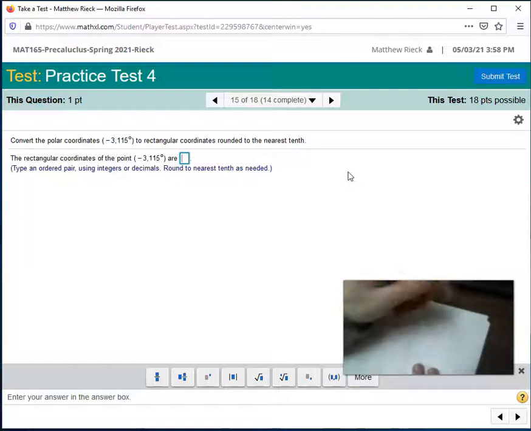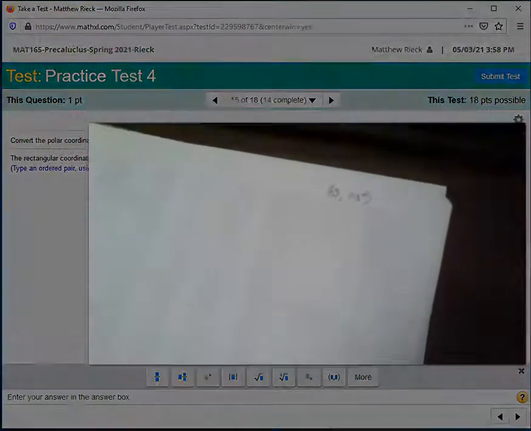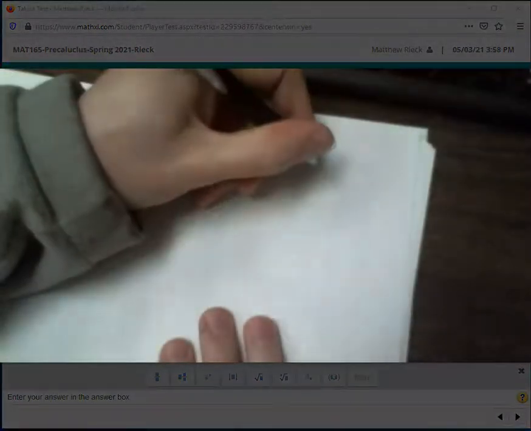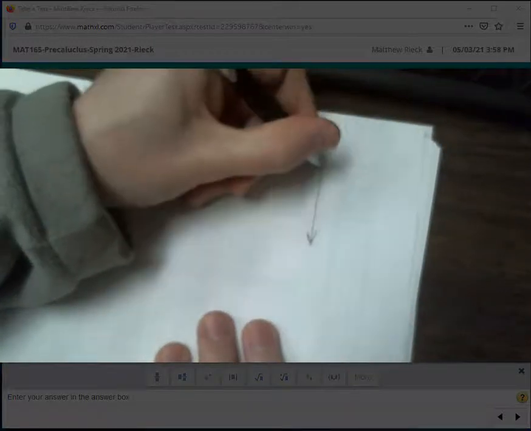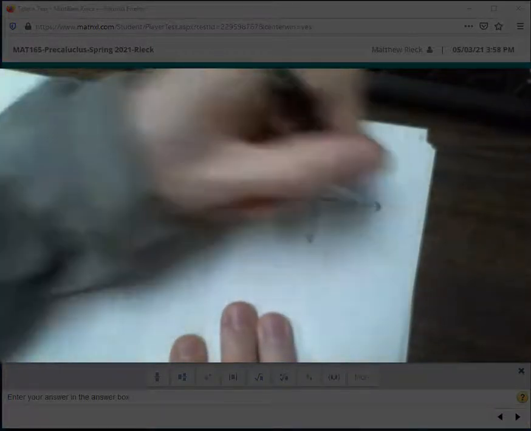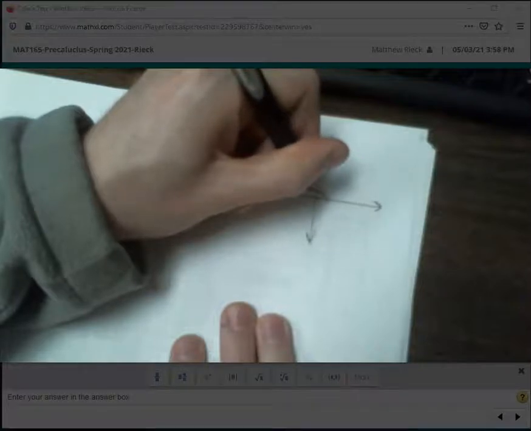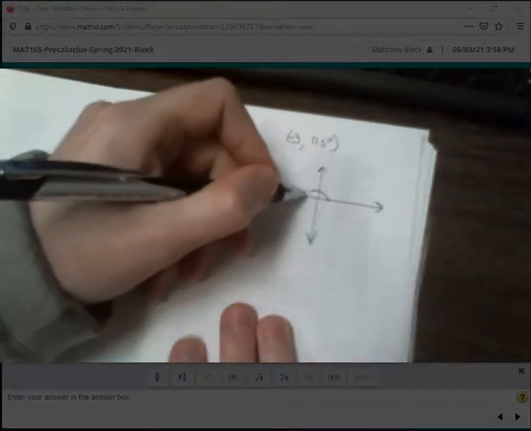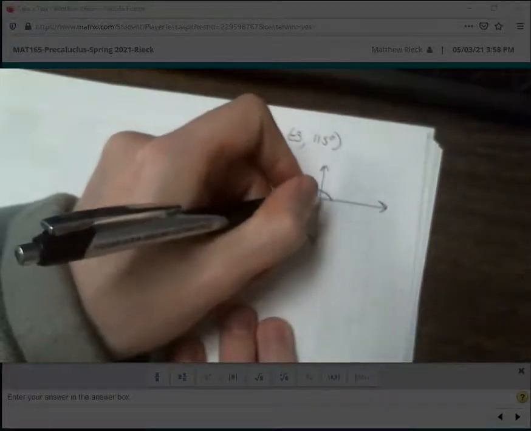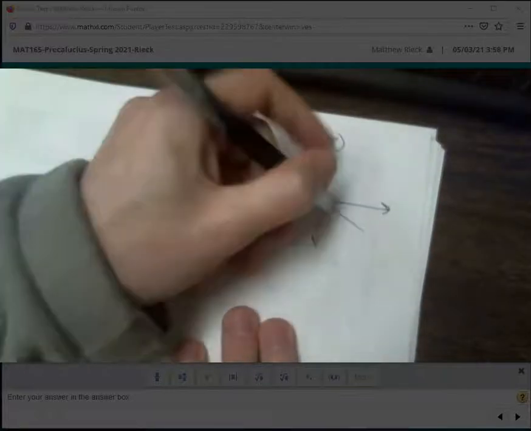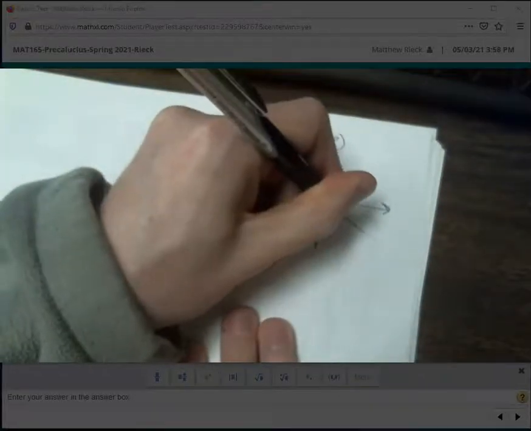All right. So here we have the polar coordinates -3, 115 degrees. Again, what that's going to correspond to: you have 115 degrees, so that's going to be over here, in between 90 and 180, and then it's -3, so that means we're moving in the opposite direction.